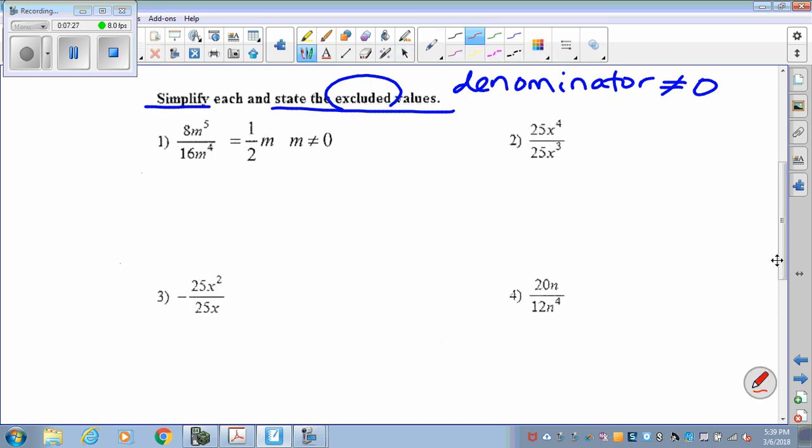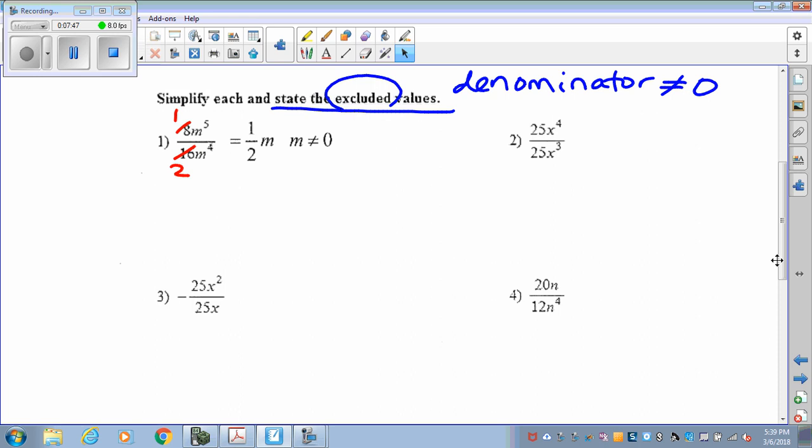8 divided by 8 is 1, and 16 divided by 8 is 2. So that reduces it to 1/2.